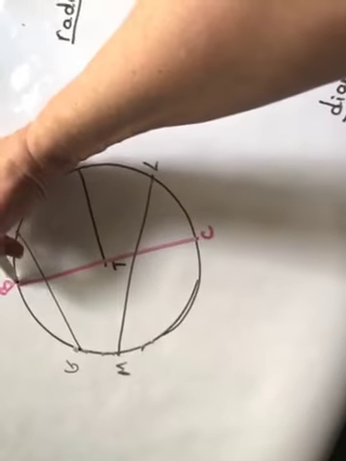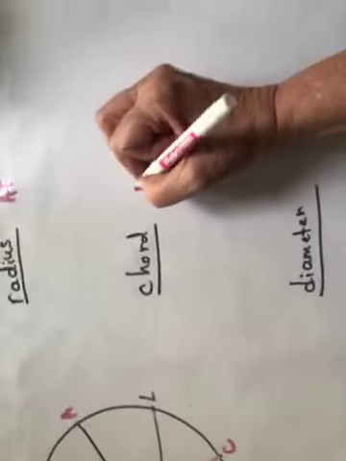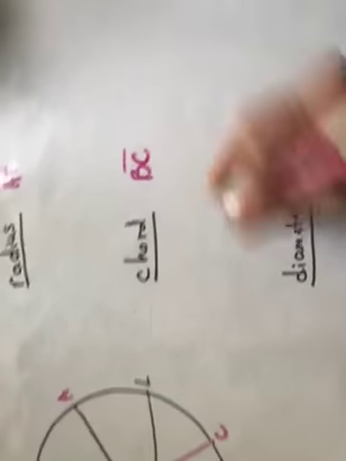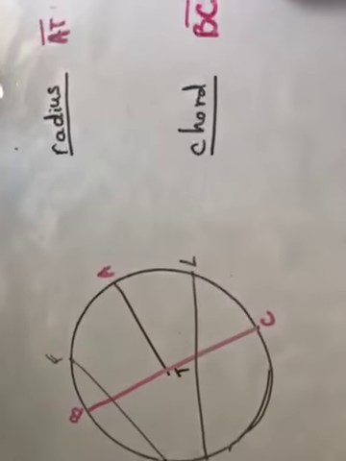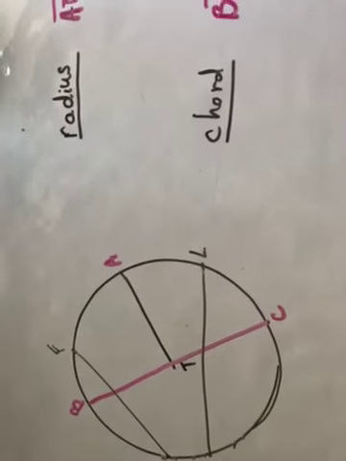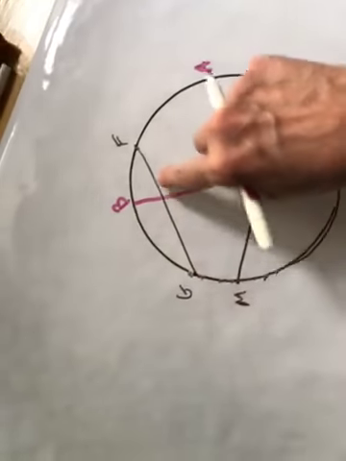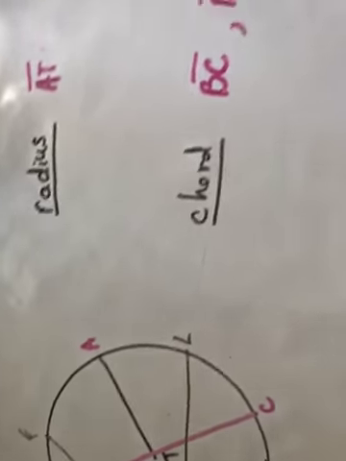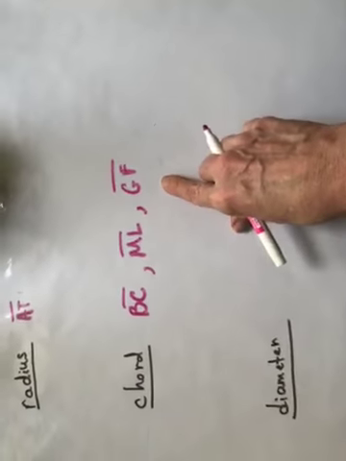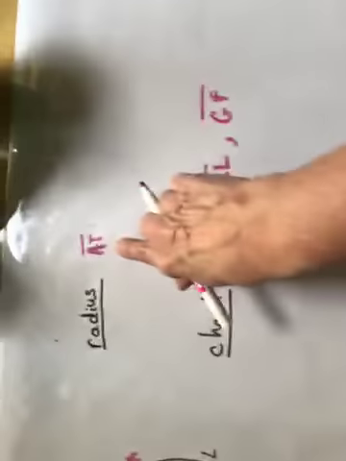So my chords are going to be BC, ML, and GF. Okay. So I have 3 chords in the circle, 1 radius.